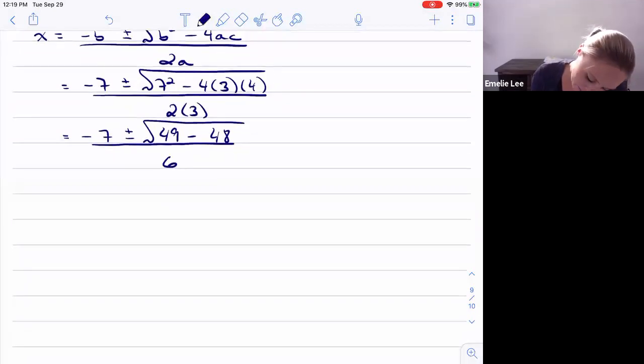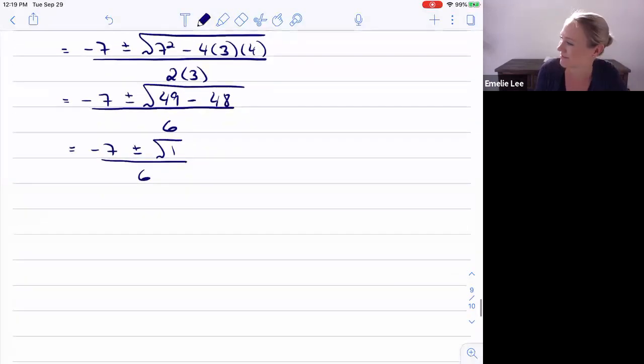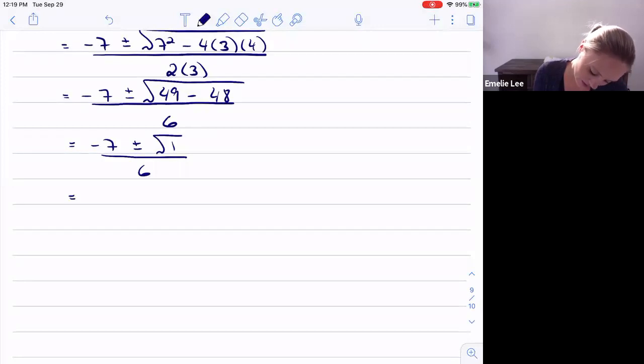So now I have negative 7 plus minus the square root of 1 over 6, which is going to be negative 7 plus minus 1, just showing all the steps here, divided by 6.